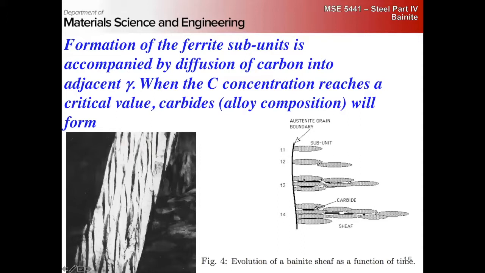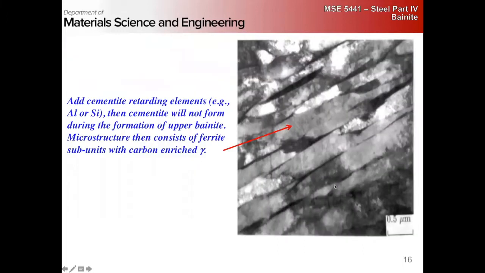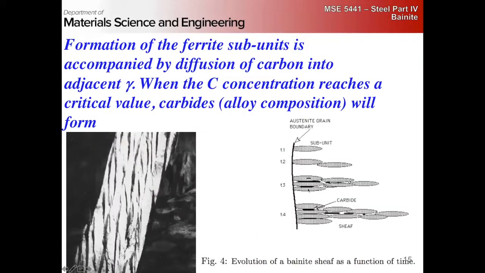And the subunits nucleate and grow, the carbides come out in between, and then the sheaf still growing. And this happens pretty quickly, right? We're at a temperature where this diffusion, the formation of carbides, especially in upper bainite, where we're at a slightly higher temperature, can still happen relatively quickly, right? Slower than the shear transformation for the subunit, but slower than the growth of the entire sheaf.